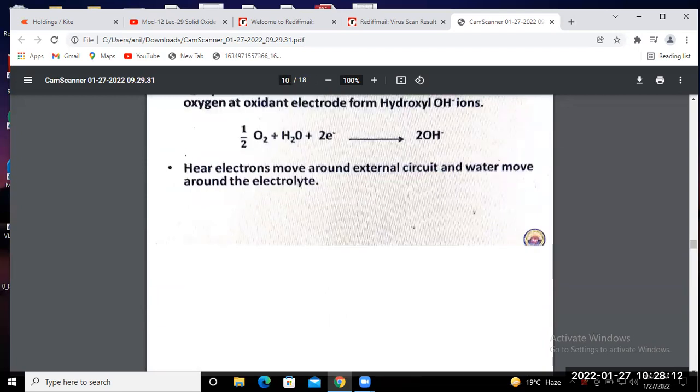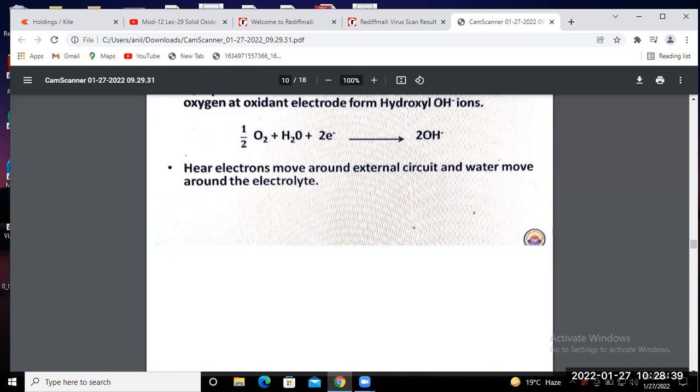Okay, so oxygen at the oxidant electrode forms the hydroxyl OH minus ion. That means 1/2 O2 plus H2O plus 2 electrons make the hydroxyl ion, that means OH minus ion.